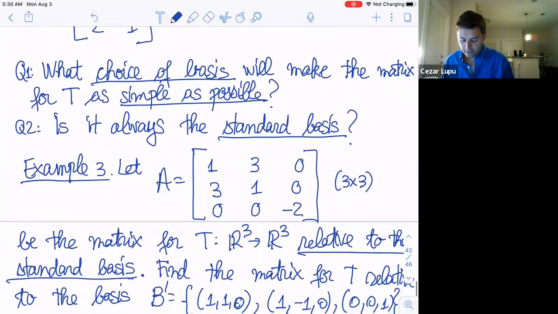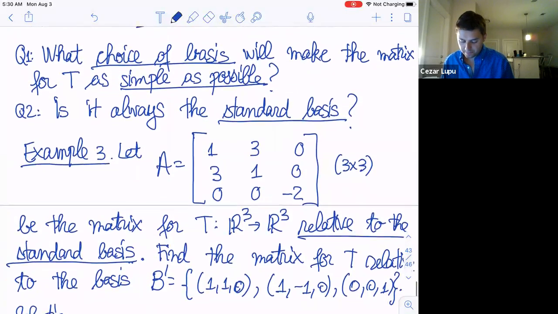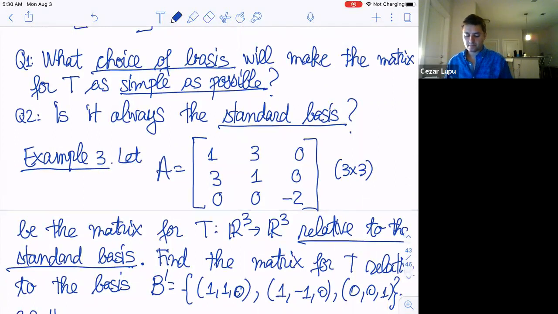I'm going to give you the following example. This time I'm going to consider a 3 by 3 matrix.